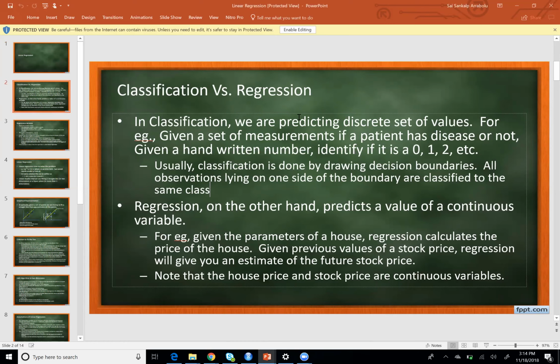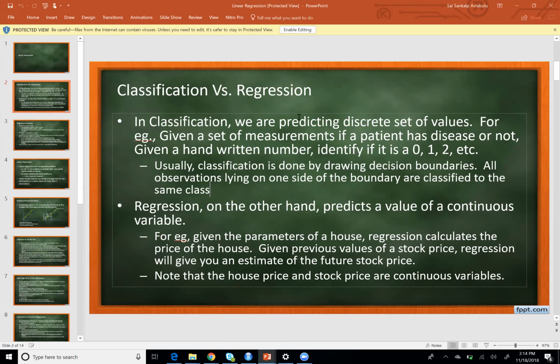We have already seen this when we talked about gradient descent. We had an example where we drew multiple lines to see which line gives the least error. I showed you an image where we draw hundreds of lines, and then ultimately one line gave you the least error. We use gradient descent to solve that.